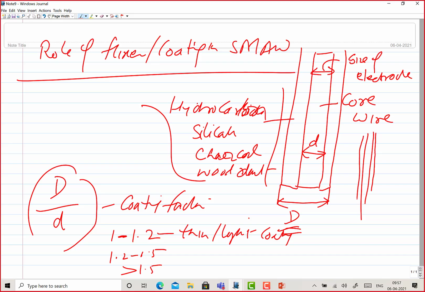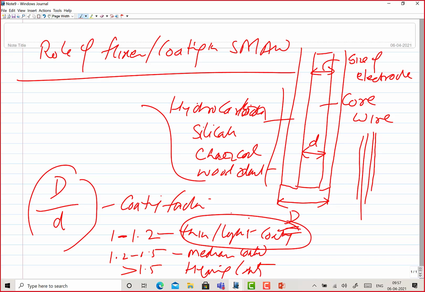Then medium coated or heavy coated. Thin coating means the coating may not be sufficient. This may lead to poor protection of the weld and defects in the weld when it is lightly coated, and when it is heavily coated it also leads to a lot of slag formation.